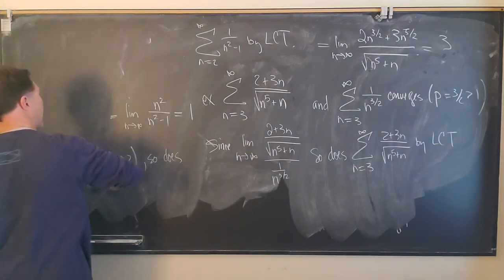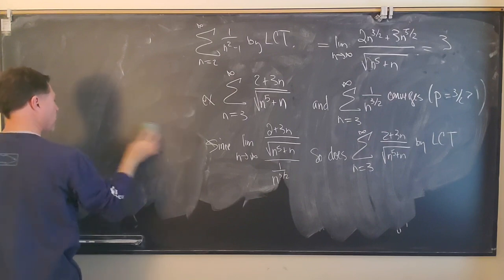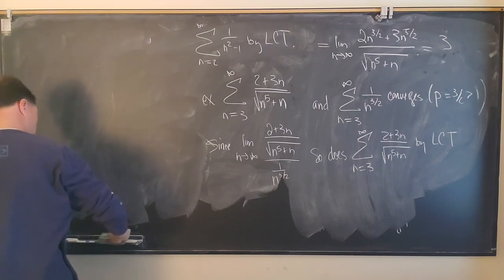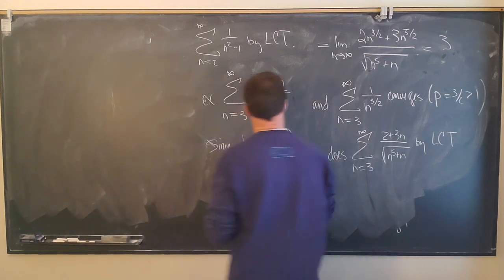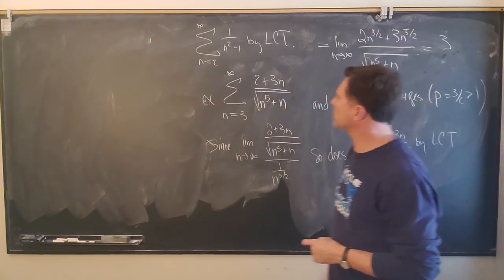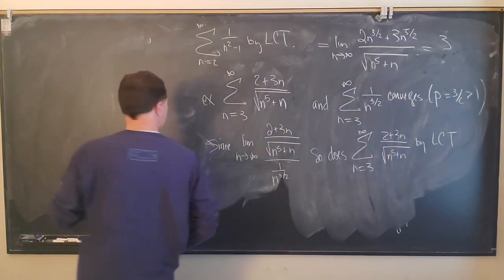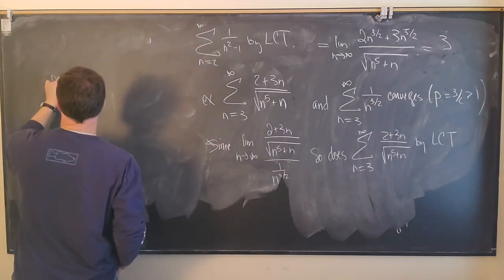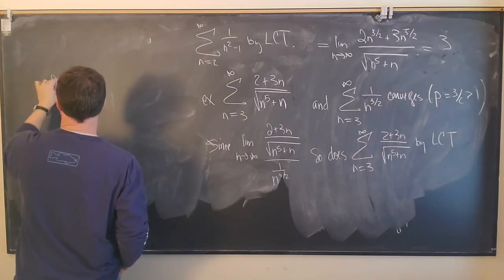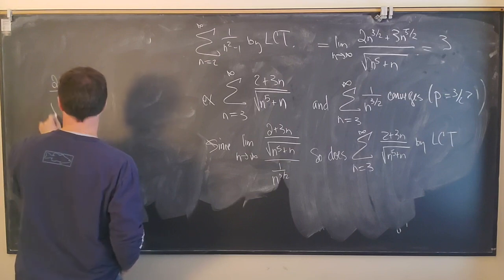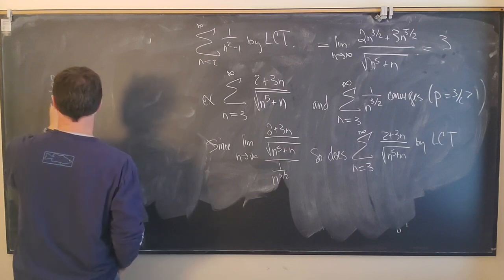Now, one question you might ask is, how come you didn't use the comparison test? Why did you choose to use the limit comparison test in this case? When you're setting up, you don't need to write this down, but here's the idea. We have 2 plus 3n over square root of n to the 5th plus n.